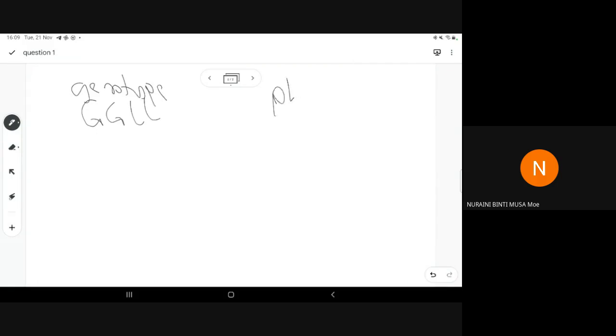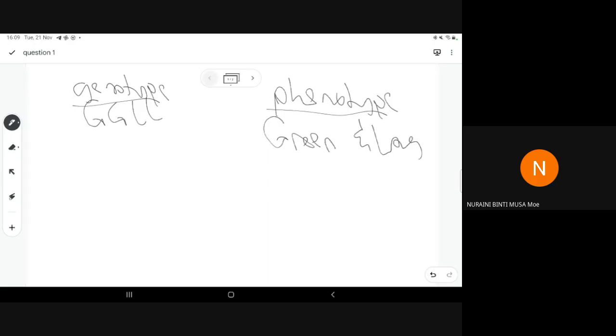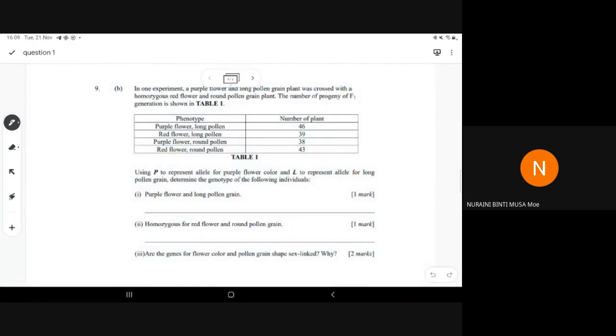While phenotype is the characteristic. Okay, so G besar, L besar, L besar is green and long, for example. So ni genotype, ini phenotype. Okay, dihybrid pula maksudnya ada dua sifat. So this question is a dihybrid. Dia cakap ada dua, purple flower and long pollen grain.